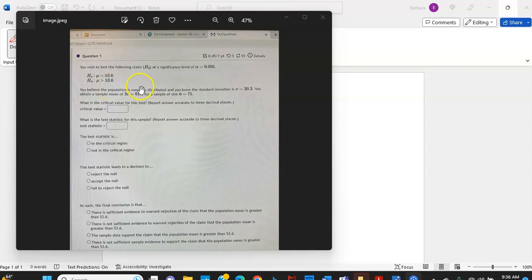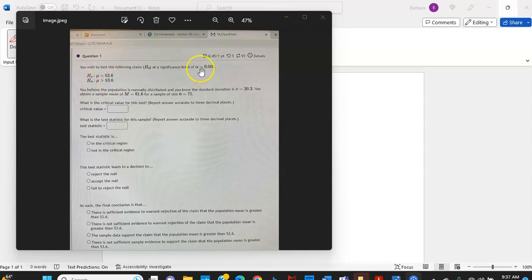Let's also notice the sample size is 71, so this will be a large sample hypothesis test. So we'll use norm.inv to do our critical value. I've drawn a picture of the normal curve, and notice the alternate is greater than.